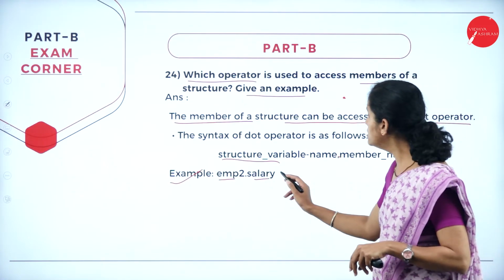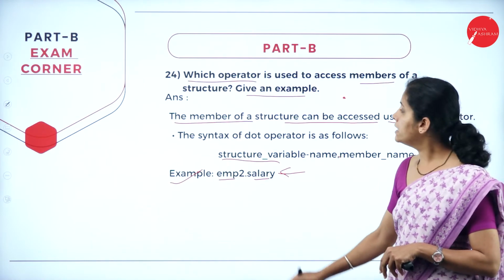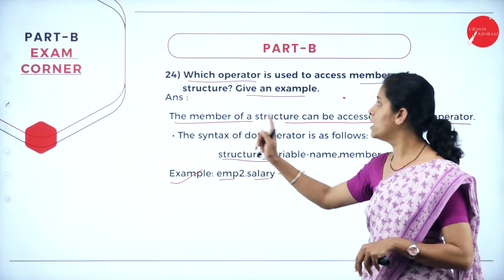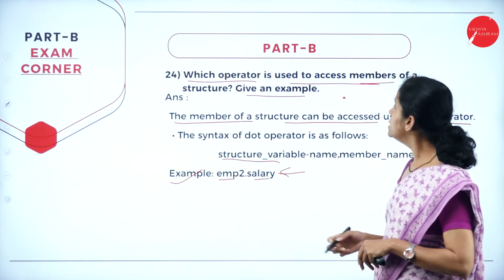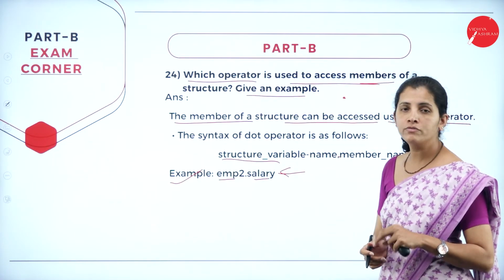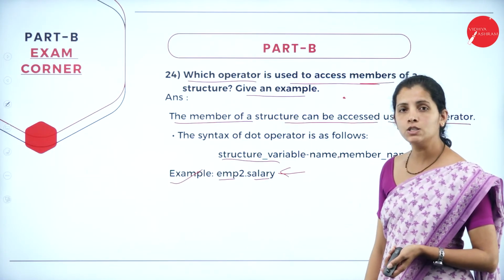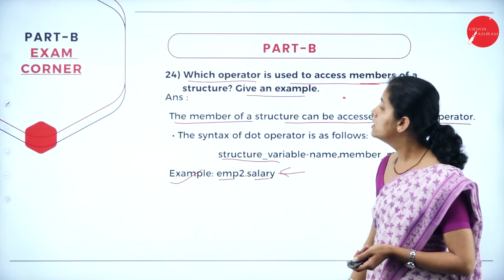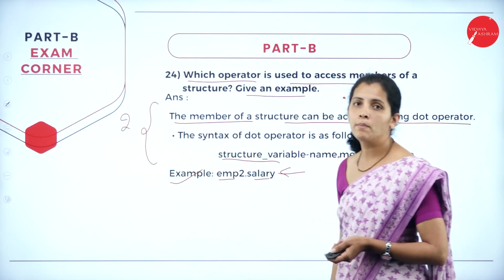Here salary is nothing but the member name. It carries 2 marks: 1 mark for the definition, that is which operator is used to access a member of a structure, and 1 mark for the example. So this question is only for 2 marks.